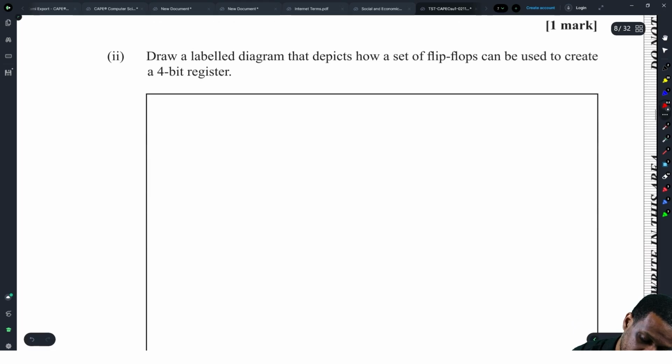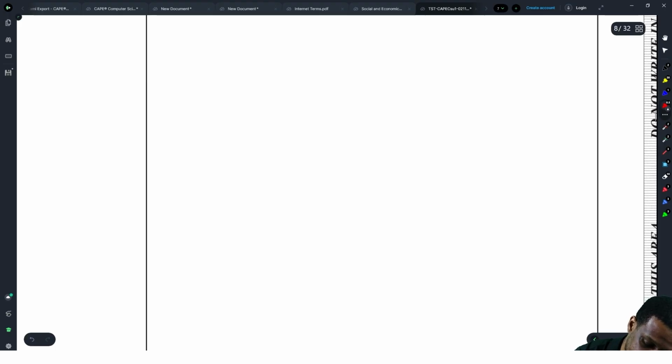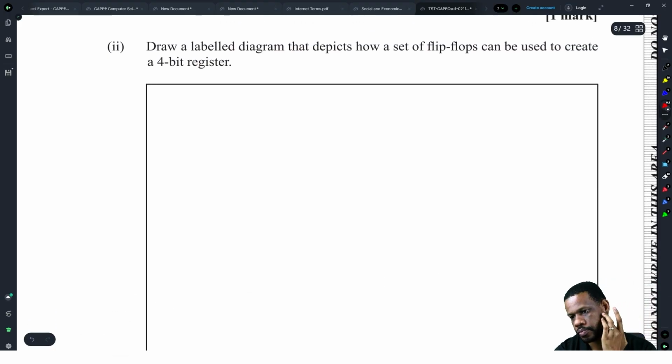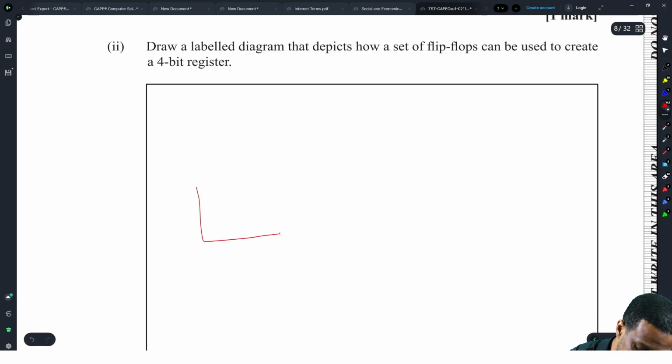Draw a labelled diagram that depicts how a set of flip-flops can be used to create a 4-bit register. I find this question there's plenty, right? But what you kind of want to show is the concept that a flip-flop is a box that has an output called Q, right?